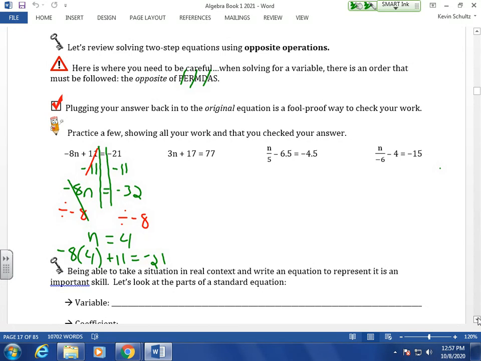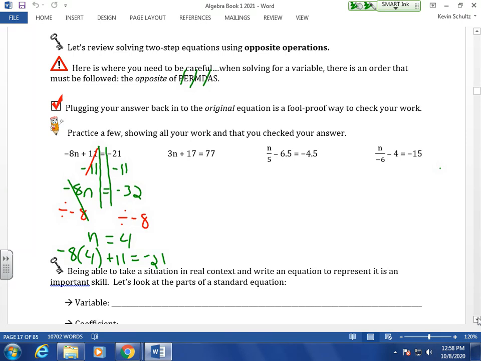One other question that I have for you regarding this particular equation here is, so we subtracted 11 first and then divided by negative 8. Could we have divided by negative 8 first and then subtracted 11? Does it matter where we start here? It does. It does matter. Okay.